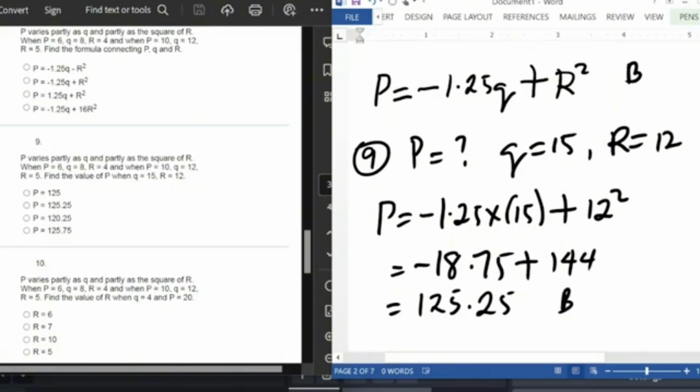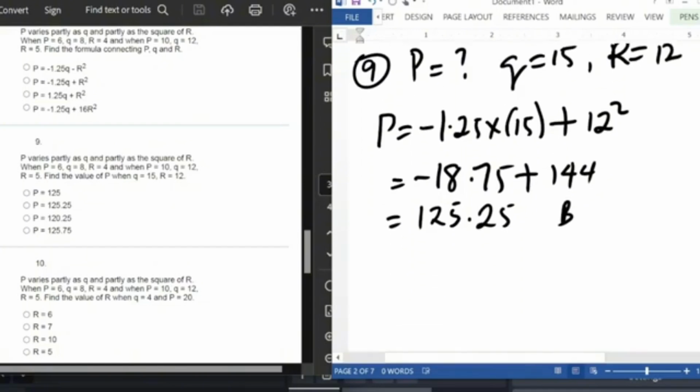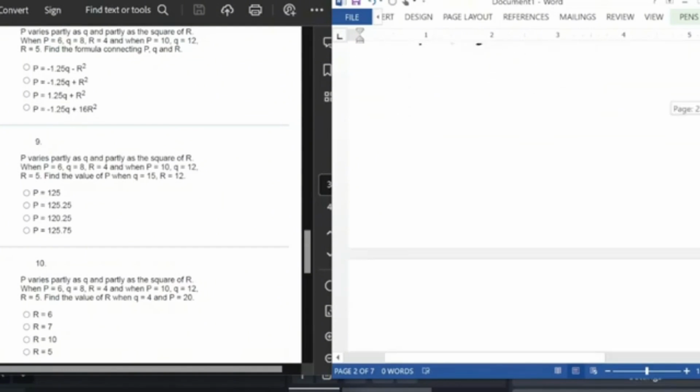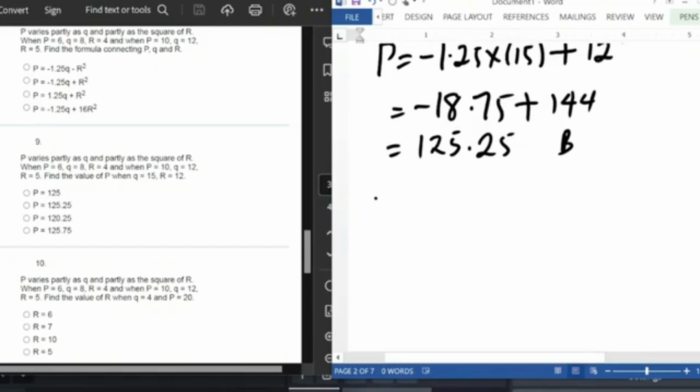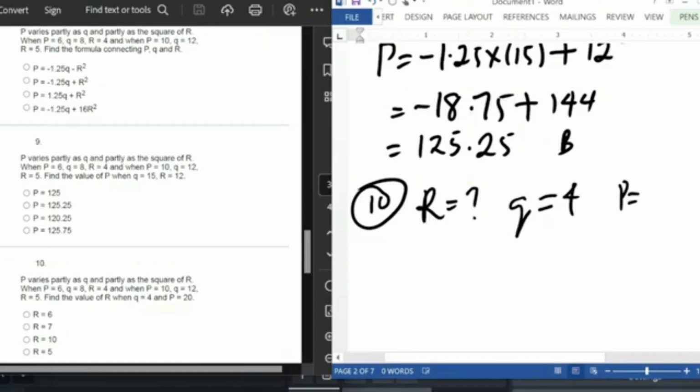Now the last question, number 10. Find the value of R when Q equals 4 and P equals 20. So we are looking for R. Let's bring the equation as P equals minus 1.25Q plus R squared.